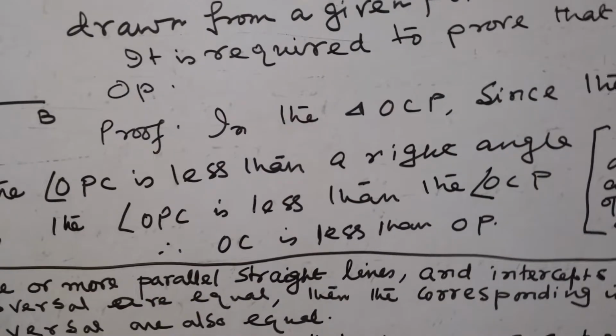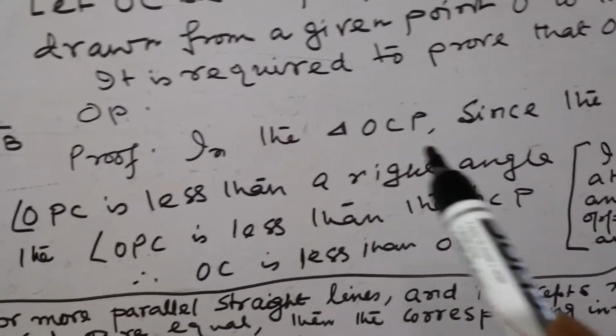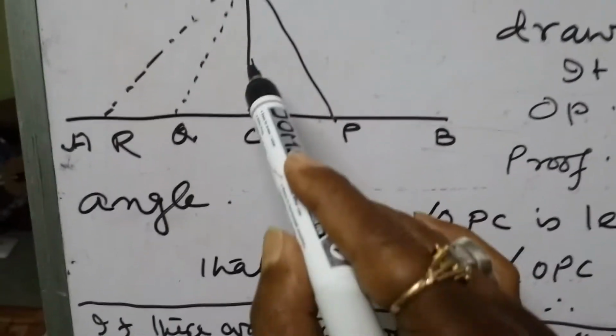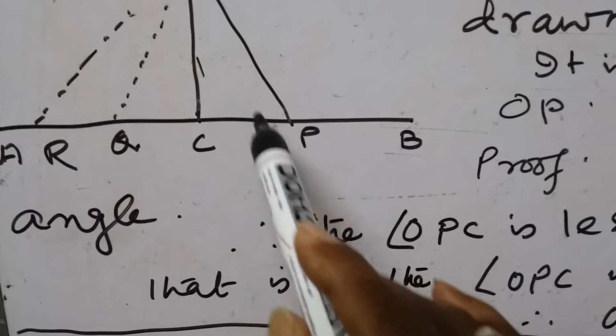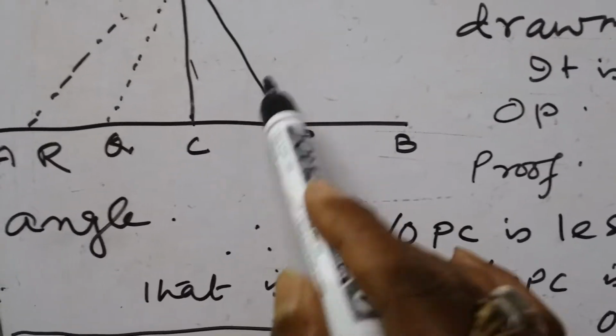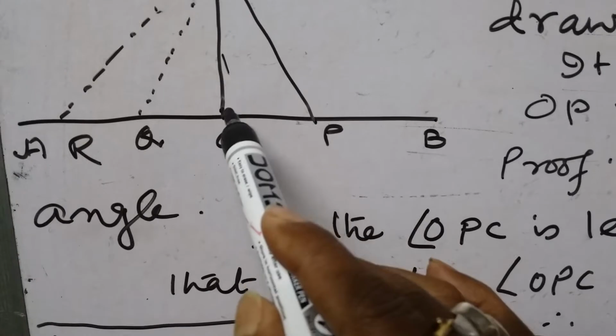How can you prove it? In triangle OCP, since OCP is a right angle, OPC is the lesser angle and OCP is the greater angle.